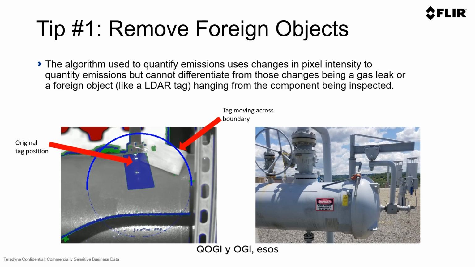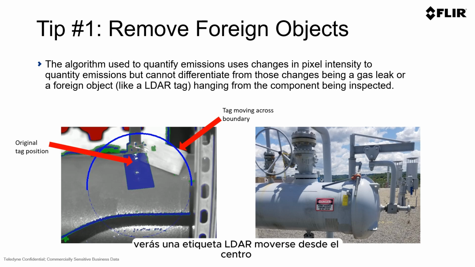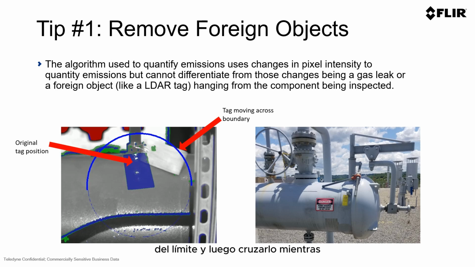When you're using QOGI and OGI itself, those components move around inside the video and the technology may see that as an emission. In this case, you'll see an LDAR tag move from the center of the boundary and then cross the boundary as it's moving with the wind. The technology may assume it's an emission and include that in the analytics.